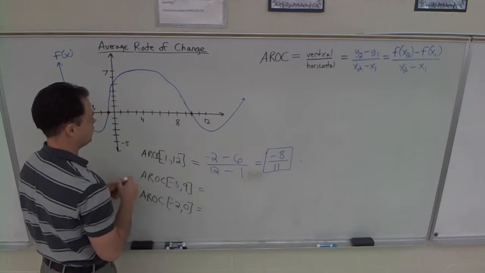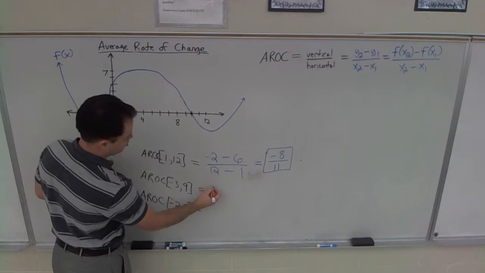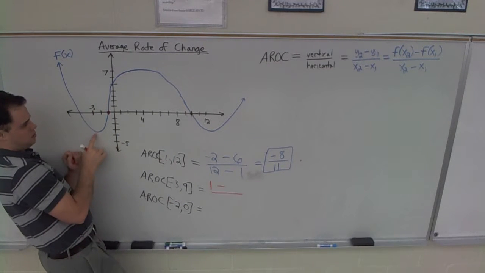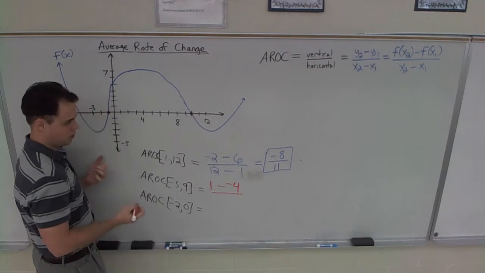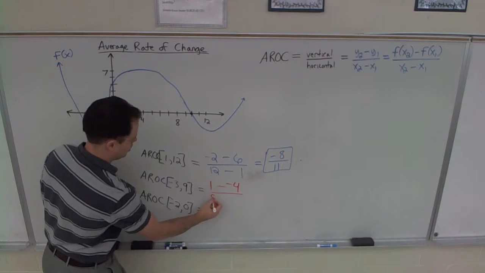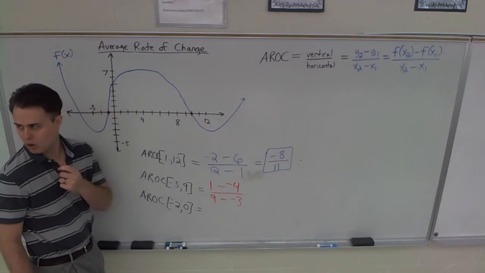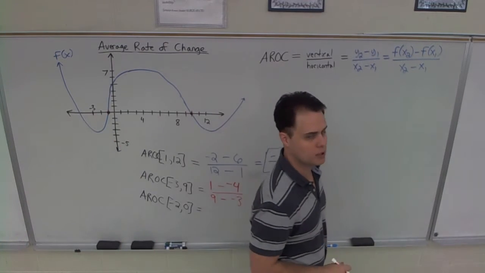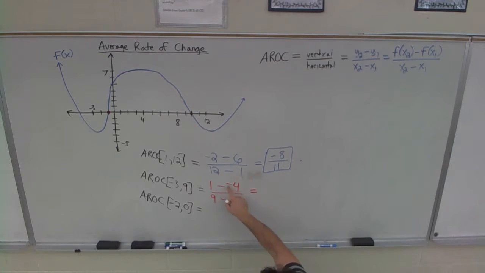Okay. -3 to 9, let's see on that one. So first we're going to look at 9. 9's like right here. That y value looks like 1, yeah? So we're going to go 1 minus. At -3, it looks like about -4. What gave us 1 was 9. What gave us -4 was -3. Put a minus in the middle. Don't ever forget that minus in the middle, because you have to take the change between the coordinates. So we have some negative action on this problem, which of course is positive.